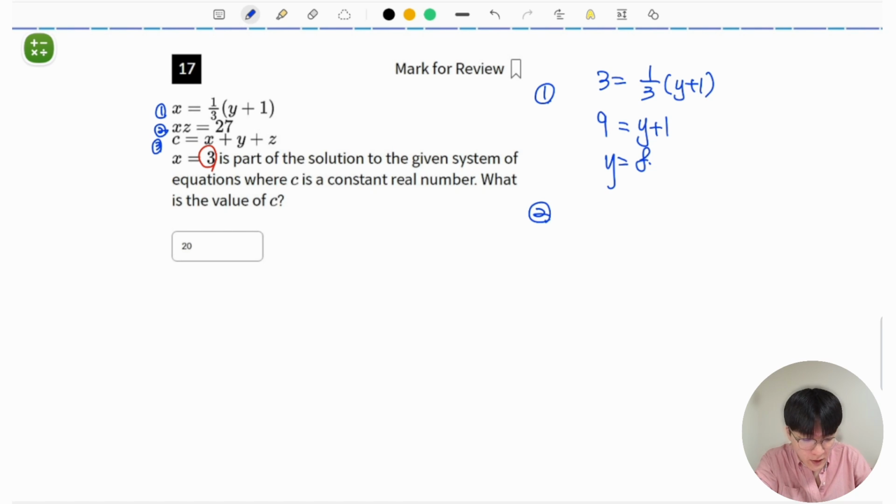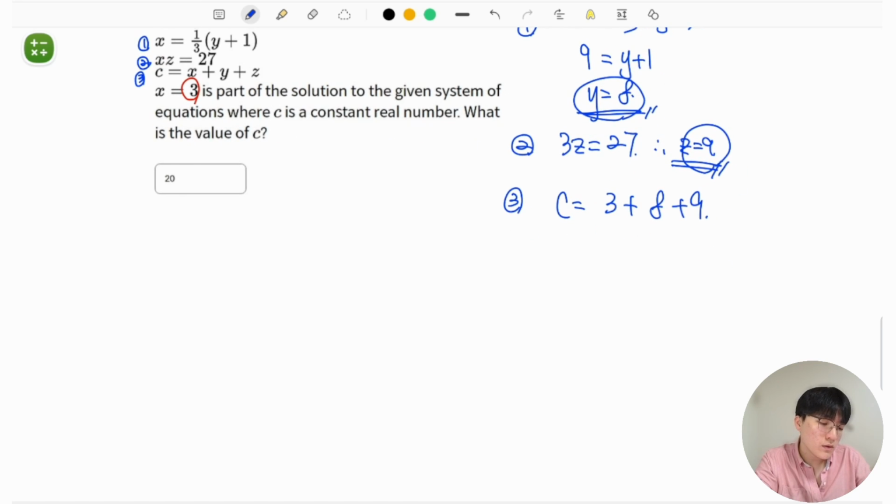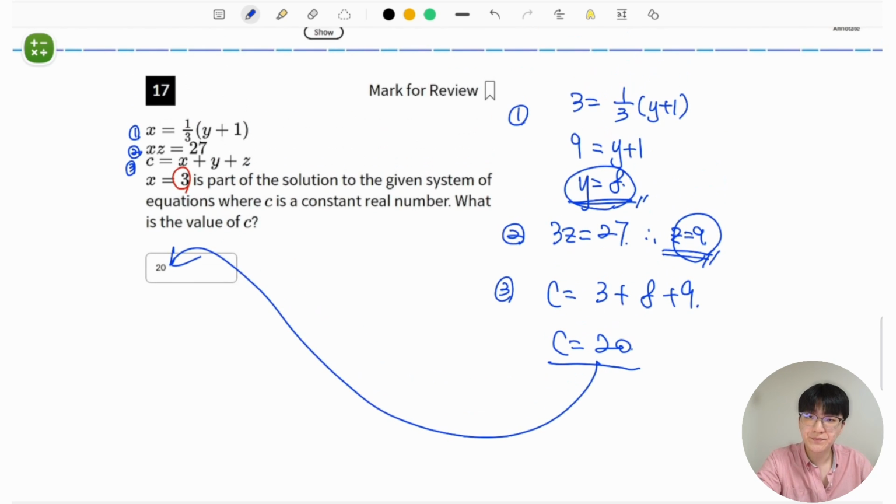The second formula, we get 3z is equal to 27, and therefore we get z is equal to 9. So we found y and we found z. And finally c, the third formula, c is equal to 3 plus, what do you know about y? 8. What do we know about z? 9. So that is c is equal to 20, and hence the answer. Okay?